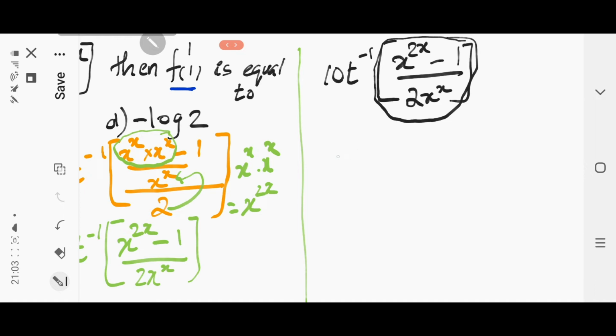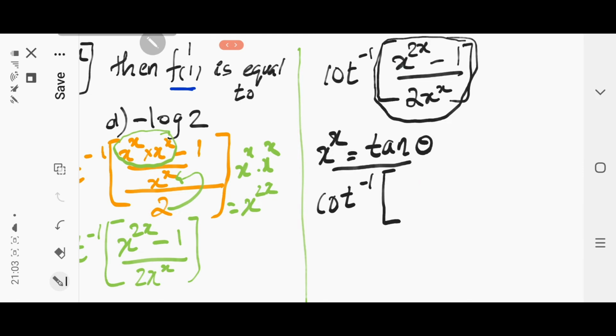Okay. Then here I am substituting x raised to x as tan theta. Then what happened here? Cot inverse of, what happens here? X raised to 2x means it is written as x raised to x the whole square, right?